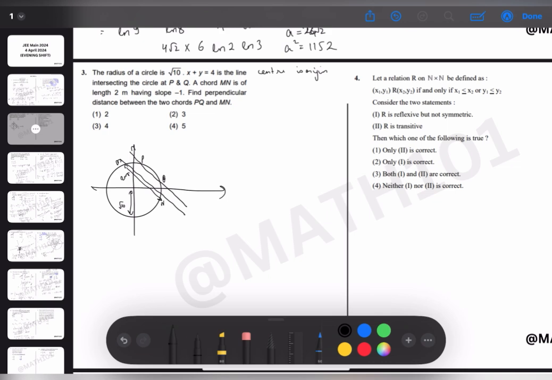So chord PQ, distance of chord PQ is the distance from origin of the line x plus y equals 4. So the perpendicular would be at 2 comma 2. So distance would be 2 root 2.